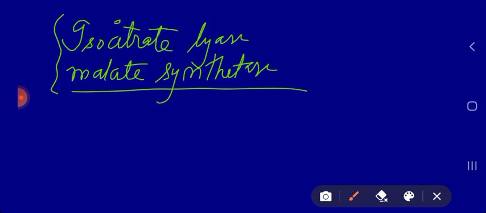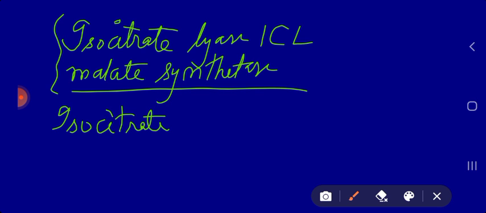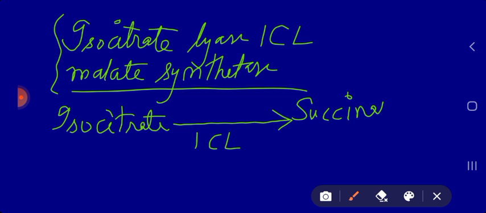Isocitrate lyase, in short we write as ICL. This enzyme is involved in the glyoxylate cycle, which catalyzes the cleavage of isocitrate to succinate and glyoxylate. So the isocitrate will be cleaved by this ICL and form succinate with glyoxylate.